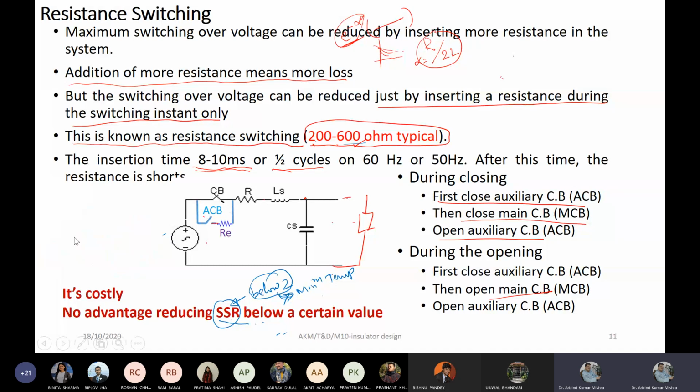So this is your exercise. First, find out the condition for minimum temporary over voltage. Then find the case that is the ratio of temporary withstand voltage to impulse withstand.